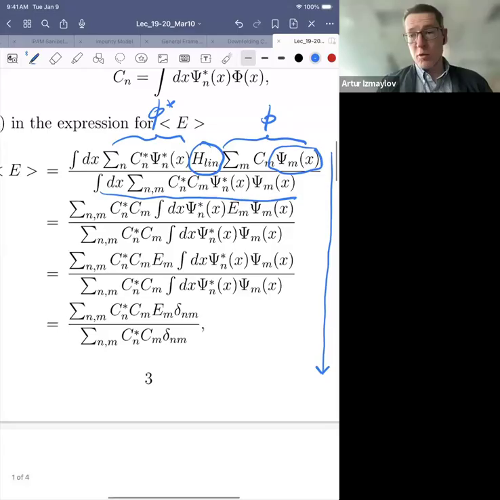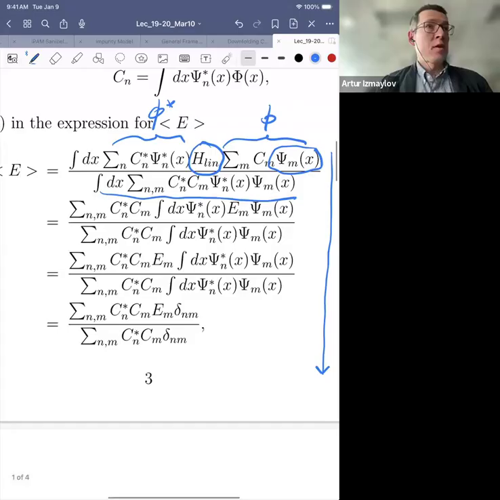If anybody can answer that, that would be lovely. But if not, I will remind you that orthonormality is the condition when you integrate a function with another one and you get 0 if the functions are different, 1 if they are the same.